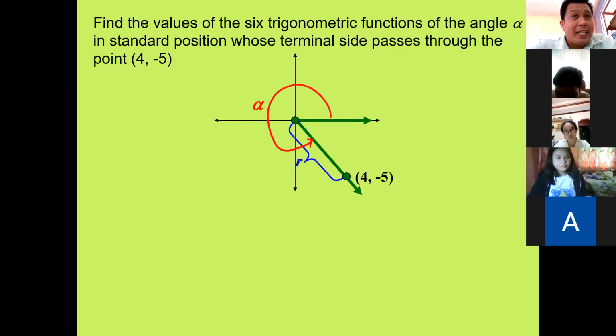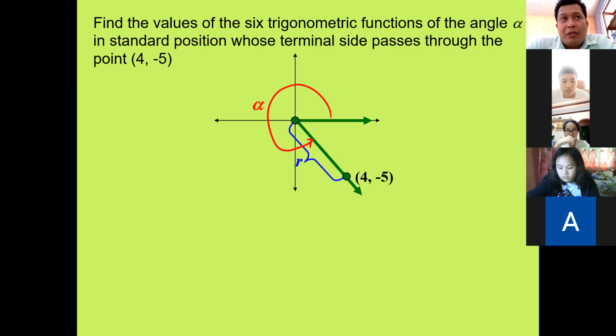Question before we proceed? Even if you're not going to draw the triangle, class, for as long as you can derive the value of r, even without the figure, you can find the answer to the given problem, like find the 6 trigonometric ratios.